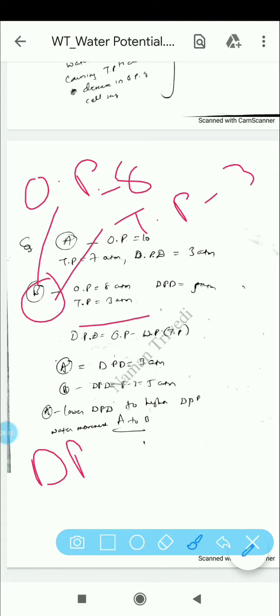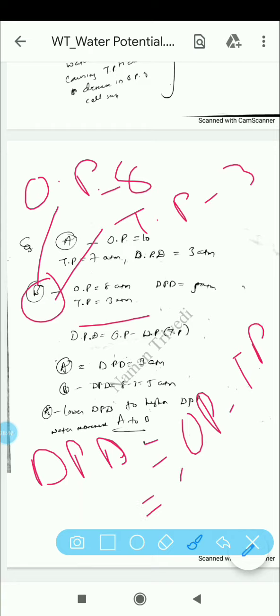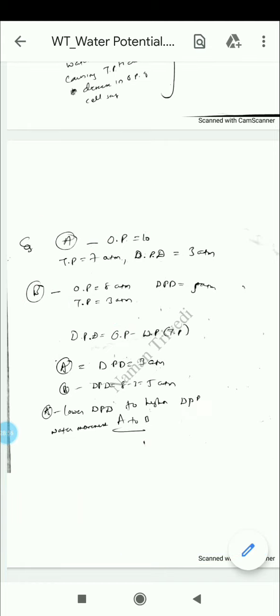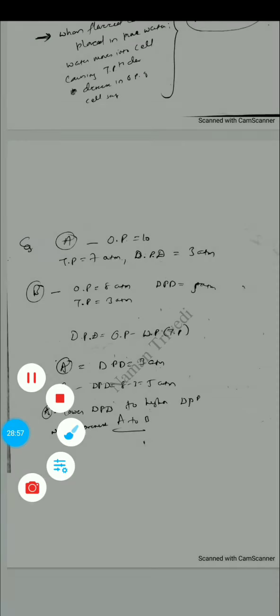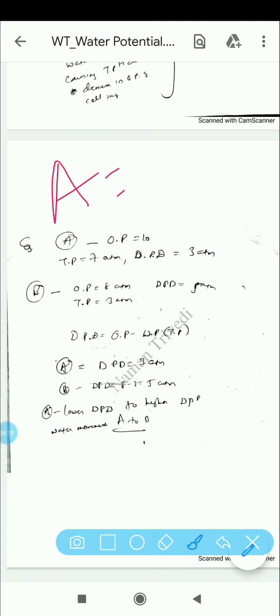DPD is again OP minus TP, so it will be 8 minus 3 equal to 5 atmospheric pressure. So here DPD is 5. For solution A, the DPD was 3. For B, it was 5.